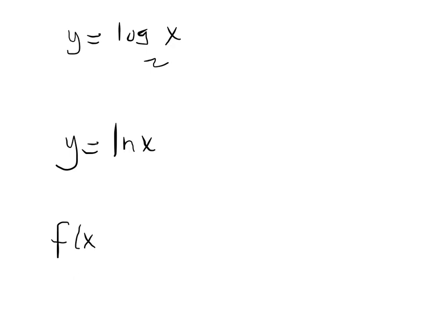Okay, so now we actually want to consider logs from a functional standpoint. For example, if I write something like y equals log base 2 of x, or if I'm looking at something like y equals natural log x, and again using function notation, I could say f of x, which is our y, equals log of x.